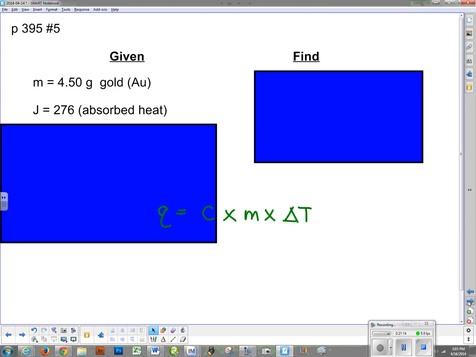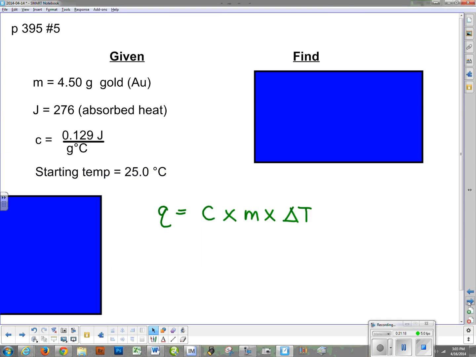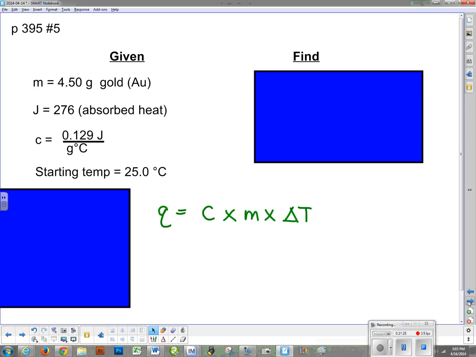Good, excellent. So we know that this is the specific heat. We were given that, right? And there's our starting temperature. And we know that the heat is absorbed. We have that right here. It says heat absorbed. Is that all together, I hope? Yes, it is. Okay? So the heat is absorbed.